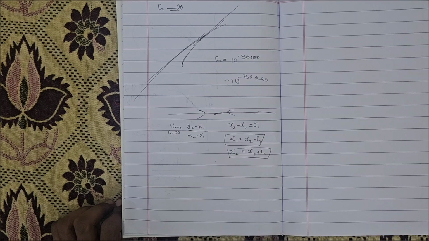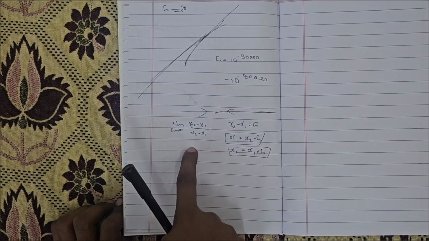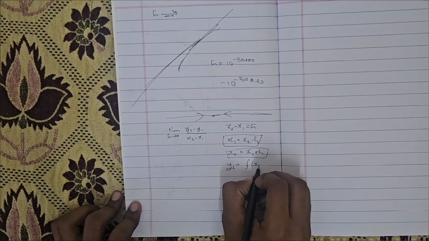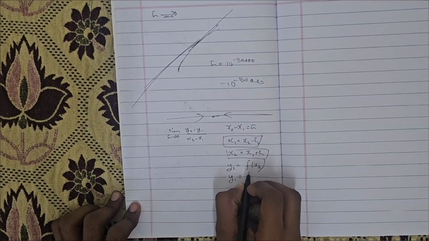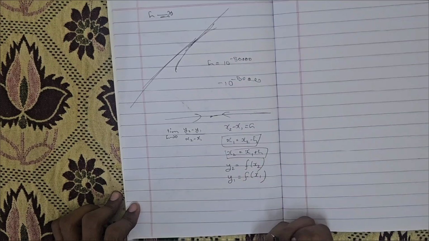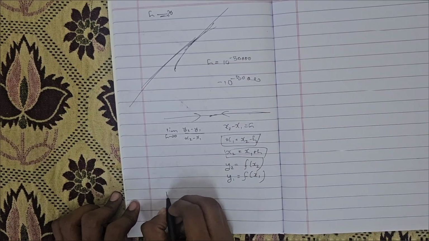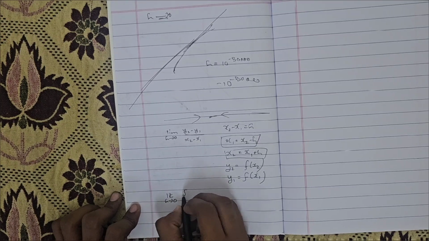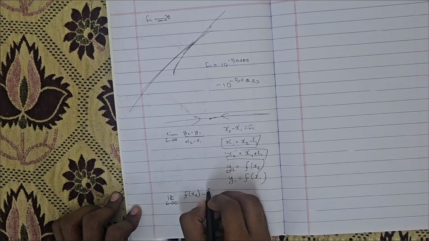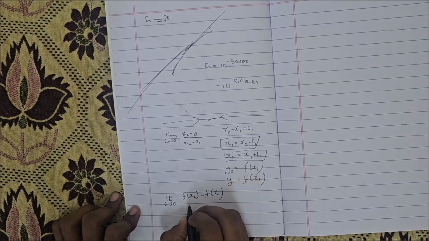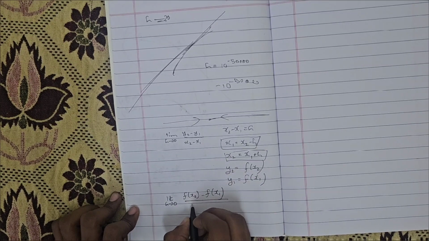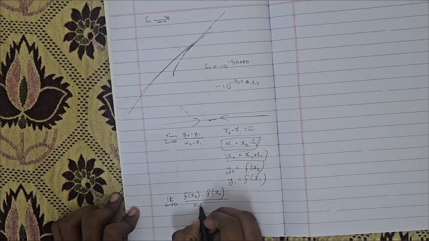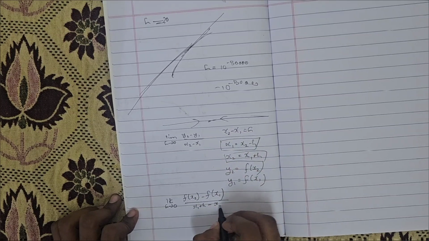So now what we are gonna do is simplify this. Now we can just write y2 equals f of x2 and y1 equals f of x1. So we can write limit h approaching 0, f of x2 minus f of x1 divided by x2, which is x1 plus h, minus the same x1, right?